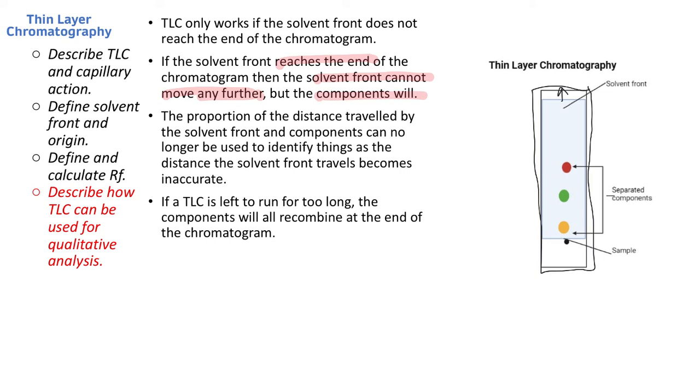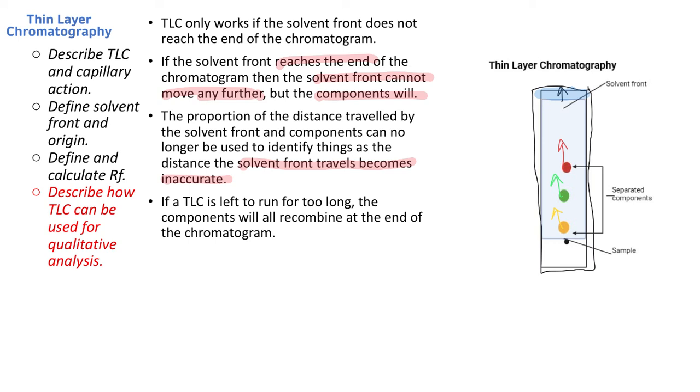The solvent front can no longer move upwards, but these components here will still continue to move upwards. And if we're comparing the solvent front versus how far the components have moved, the solvent front value becomes inaccurate, because it would be higher if it was allowed to move.